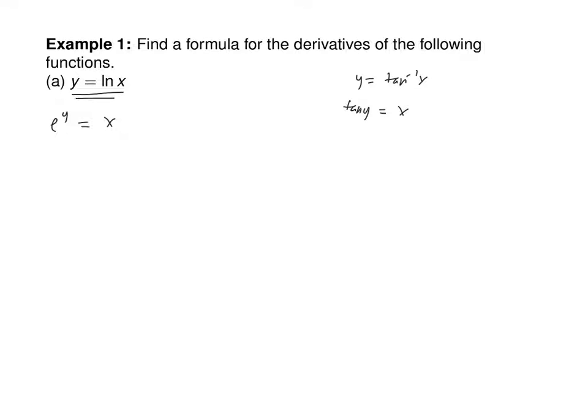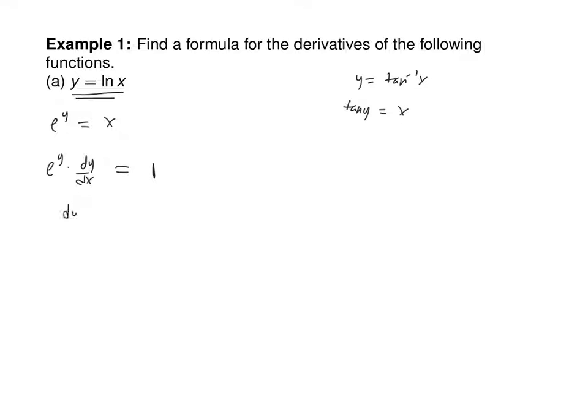And we're going to use the implicit differentiation trick again. So what's the derivative of e to the y? e to the y times dy/dx, spectacular, equals 1, exactly.